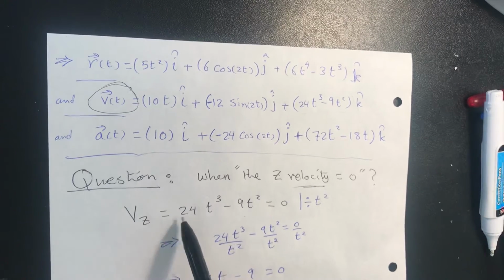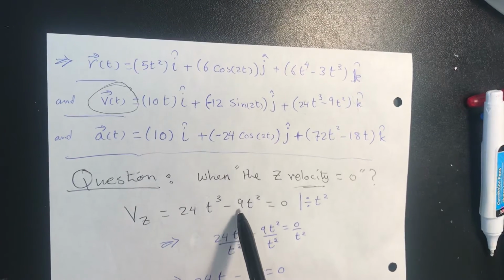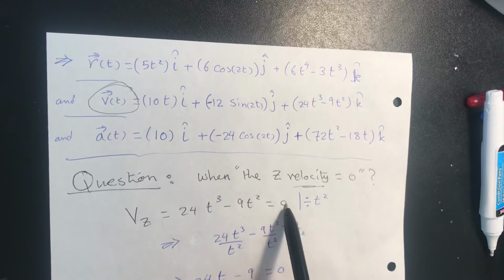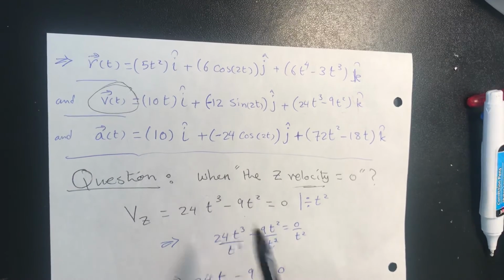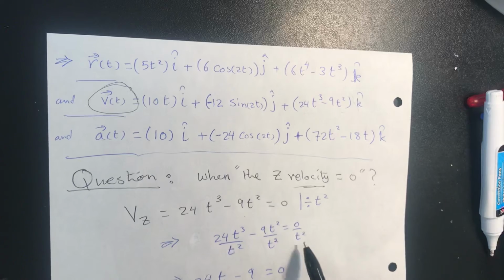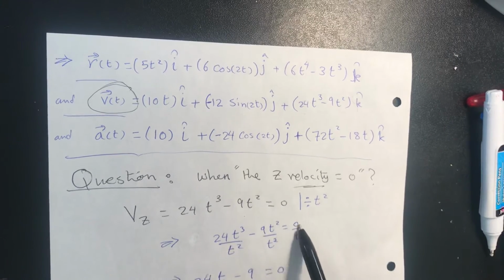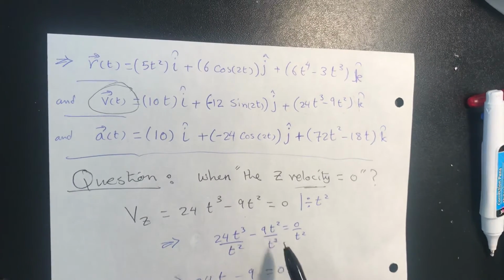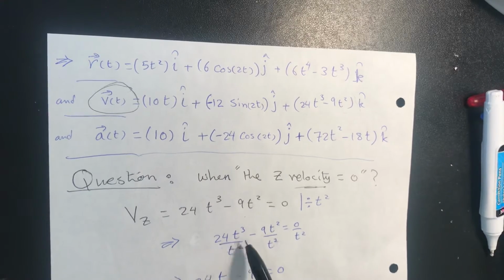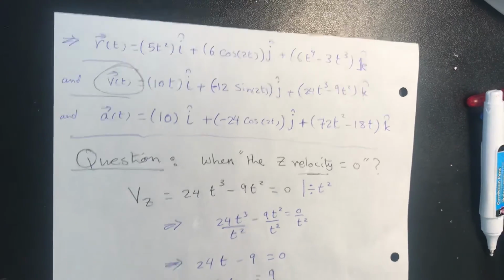So Vz, which is equal to 24t cubed minus 9t squared, is equal to 0. I need to find that time. I have t squared and t cubed in both terms, so just divide all the terms over t squared.